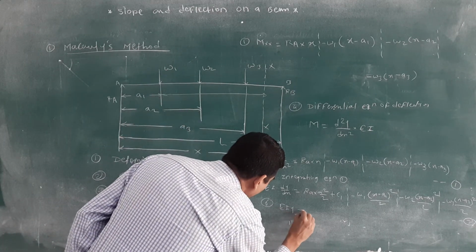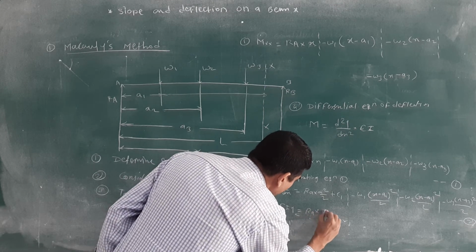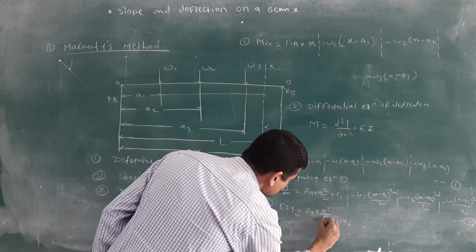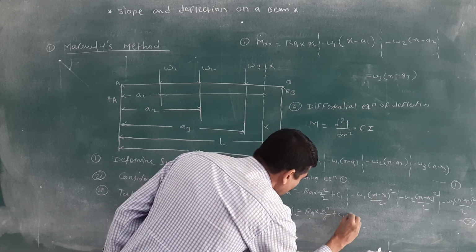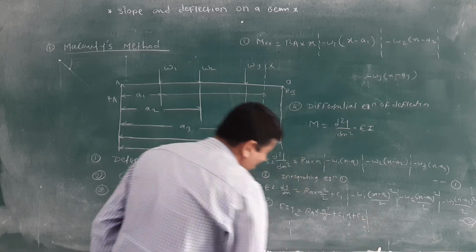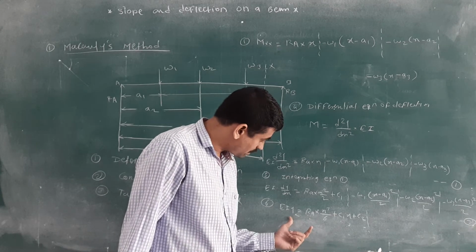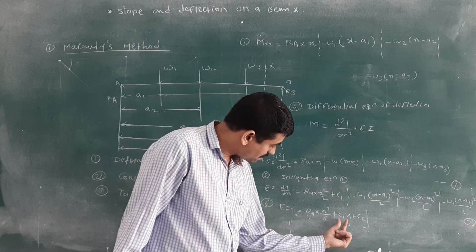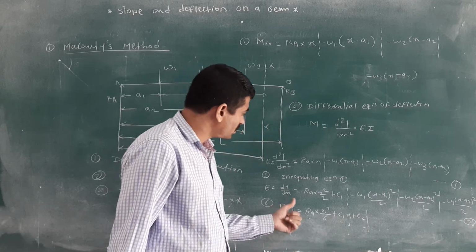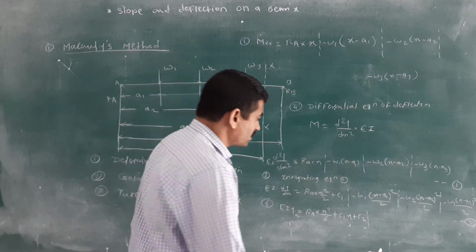EI into y equals RA into x³ divided by 3 into 2, that is 6, plus C1 into x plus second integration constant C2. Remember that when you find the deflection you get two integration constants, C1 and C2, and when you find the slope you get only one integration constant.